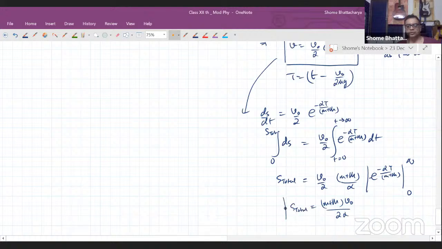Okay, so now the problem is we have an alpha term again. Some other approximation had to be done.